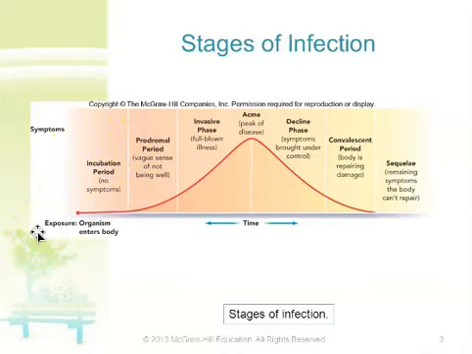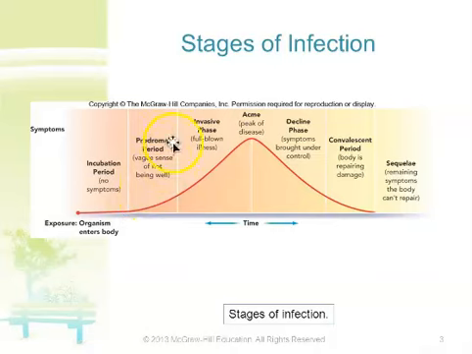To actually develop infection, you have to have the pathogen incubate in the body and start the processes of growth and development, growth and reproduction. The incubation period, therefore, is that time where the exposure has occurred and the infection is beginning to develop. No symptoms will be apparent during the incubation period.